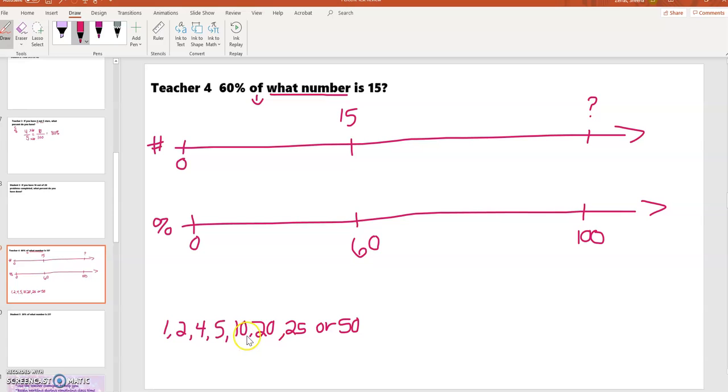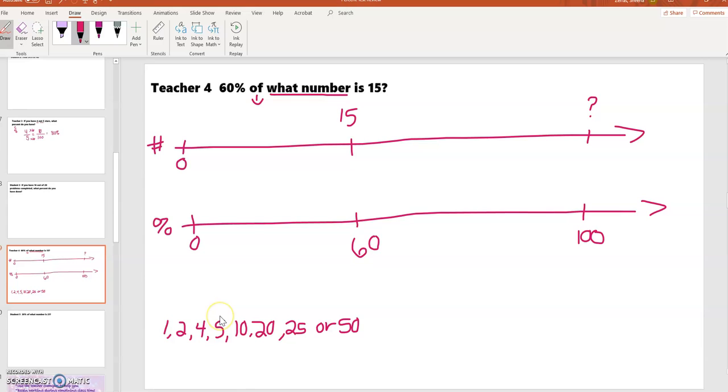Instead, I'm going to count by one of these numbers that I know will get to 60 and 100. Okay, obviously I could count by ones, because if I counted by ones, I would skip count to 60 and to 100, but that will take us much more time. So we want to choose the number that is the biggest. 2 is another possibility. If I counted by 4s, I would get to 60 and 100.